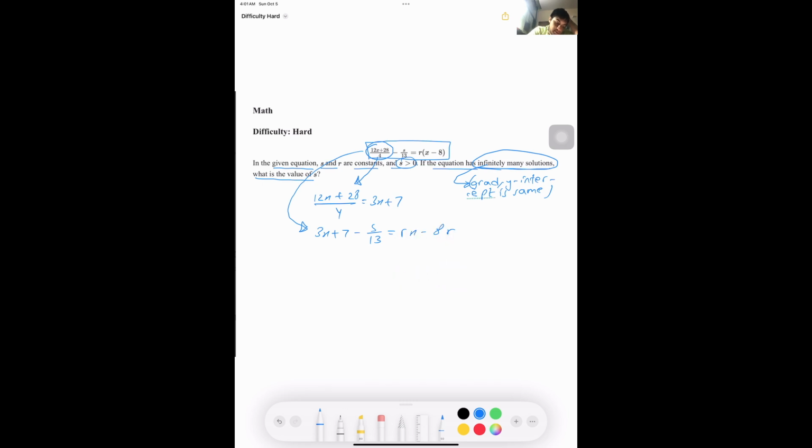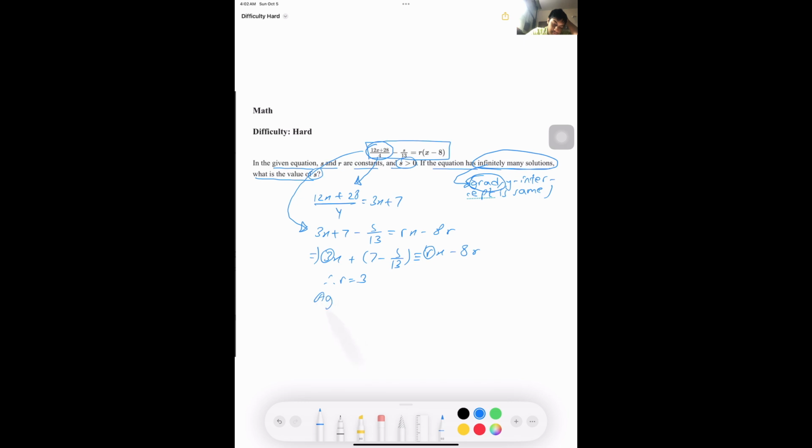We're just breaking it down. So these are equivalent, and since the gradients are the same, r is equal to 3. We need to find out s.